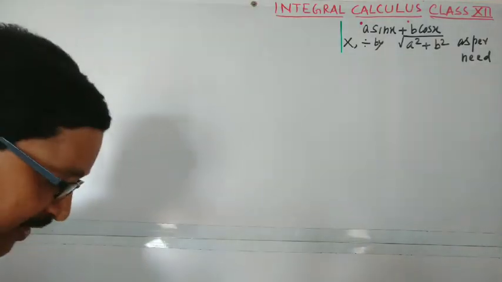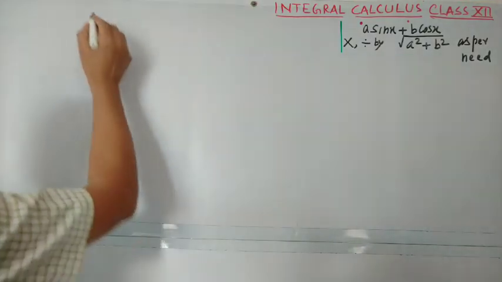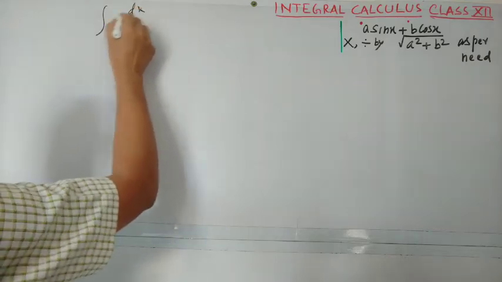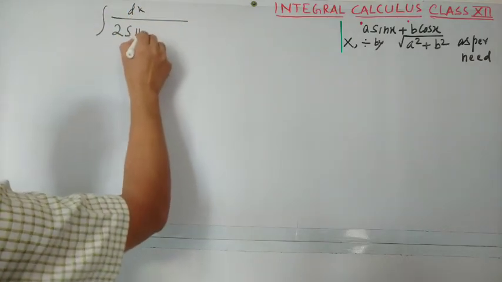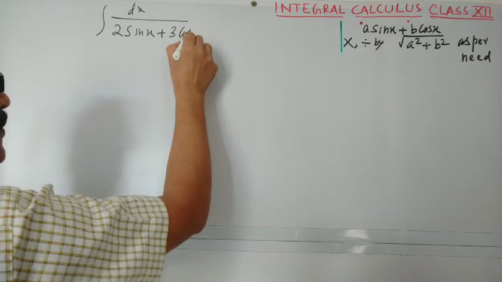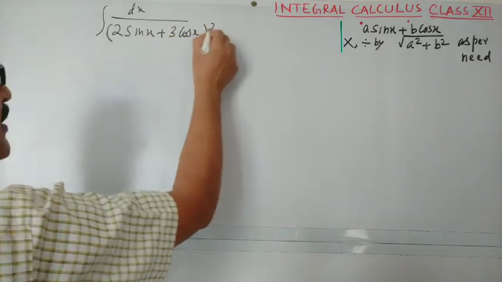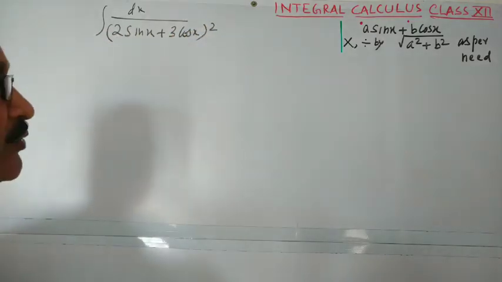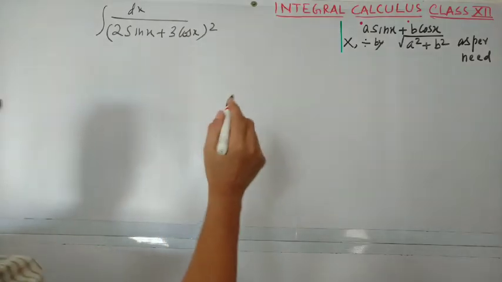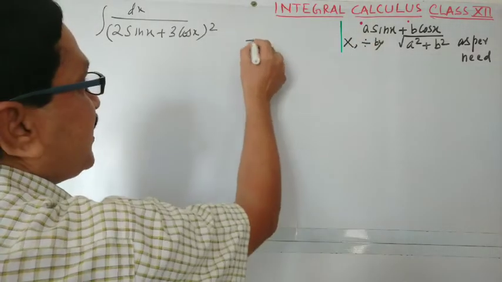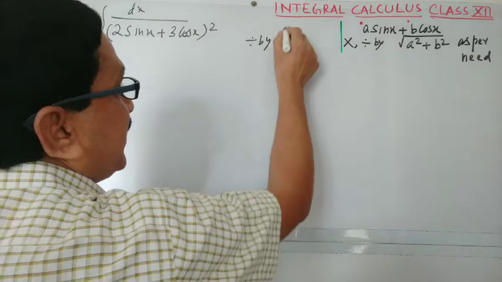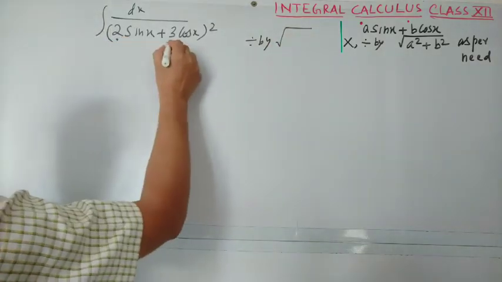You are supposed to take extra care. The pattern is same. 2 sin x plus 3 cos x, but whole square is written. Due to whole square, what to be done? So first of all, the rule is divide by a square plus b square, 2 square plus 3 square.